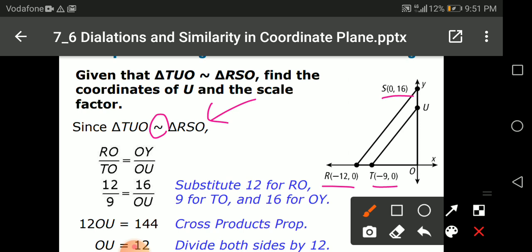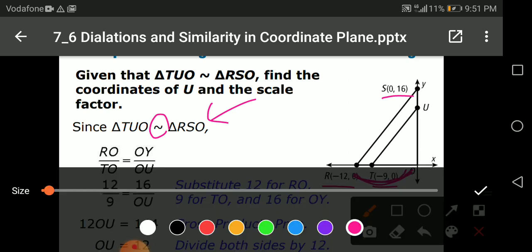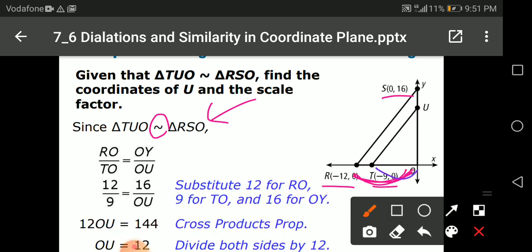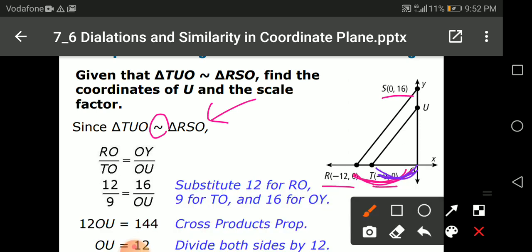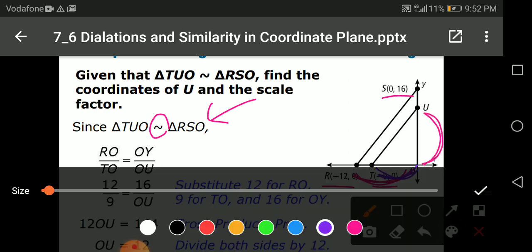Once they are similar, I conclude that RO over TO equals OS over OU.